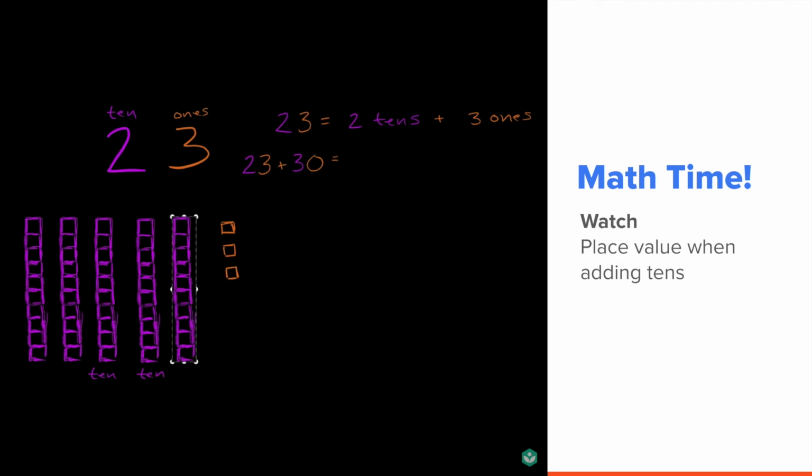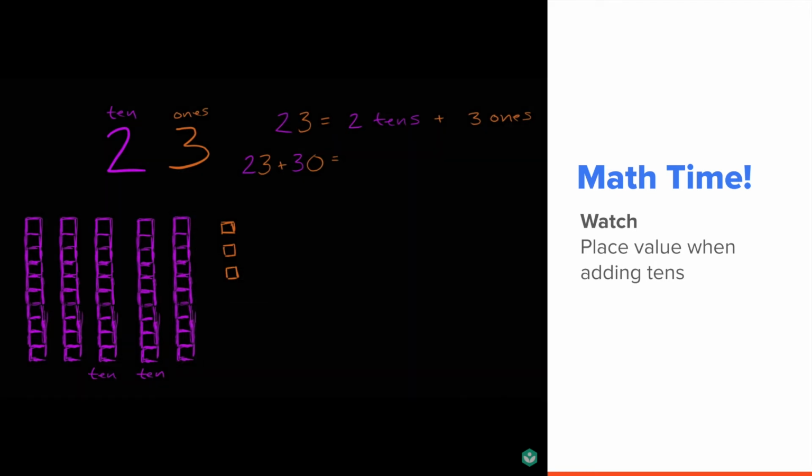So now, how many tens do I have? Well, I now have 1, 2, 3, 4, 5 tens. And notice, 2 tens plus 3 tens is equal to 5 tens.